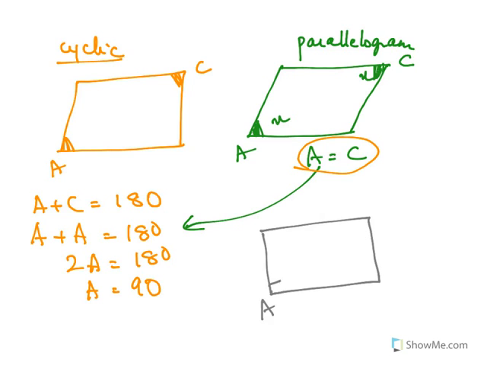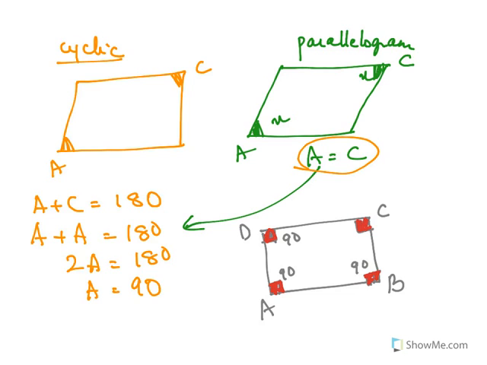If A is 90, your C also will be 90 because they're equal. And we know in a parallelogram, A plus B is 180. So this also becomes 90, and your D also becomes 90. Since all these angles are 90, it is a rectangle.